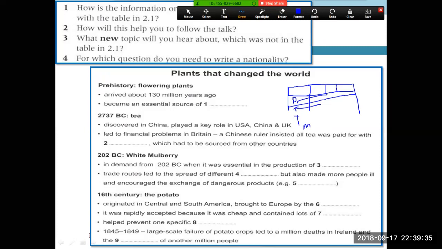Here the information is organized time-wise in chronological order. Like they state that the plants in the prehistory time were flowering plants. Then the plant in this era was tea. So here they are describing different plants according to time dimension. You getting it? Right. Fine.